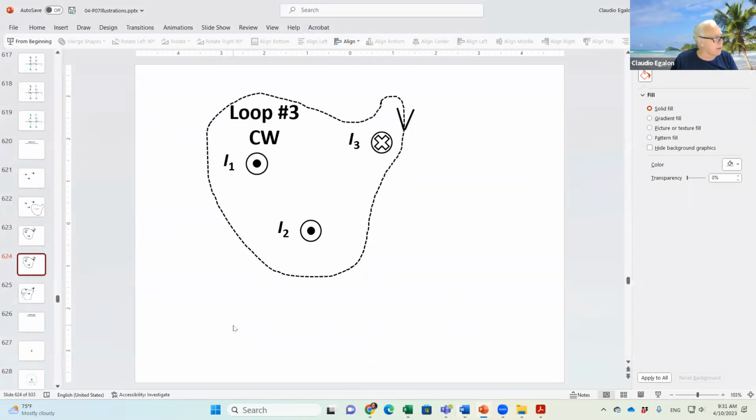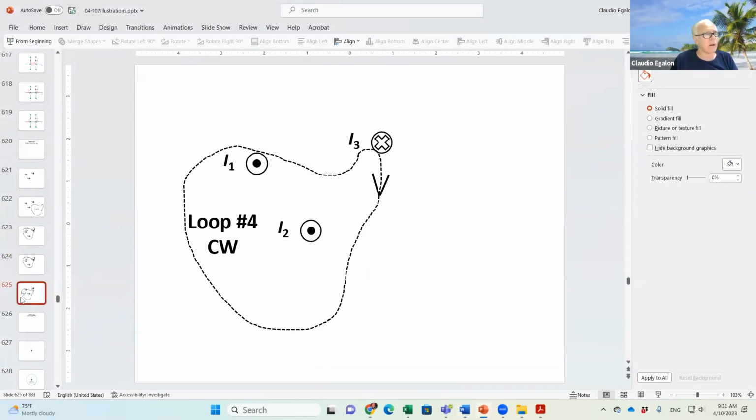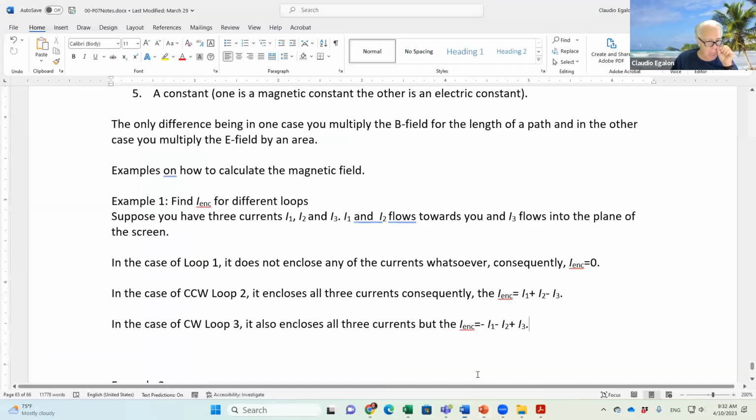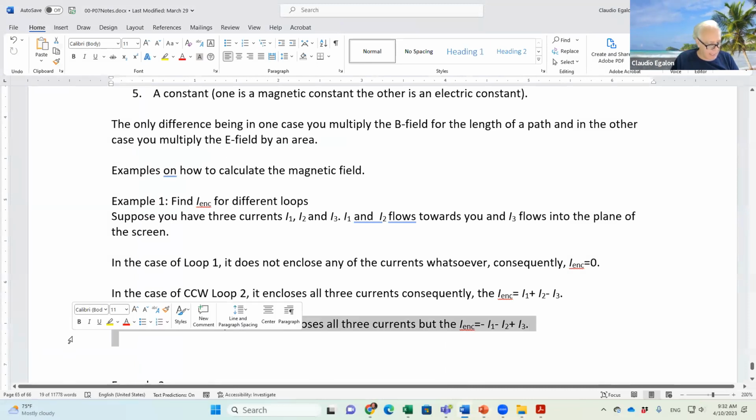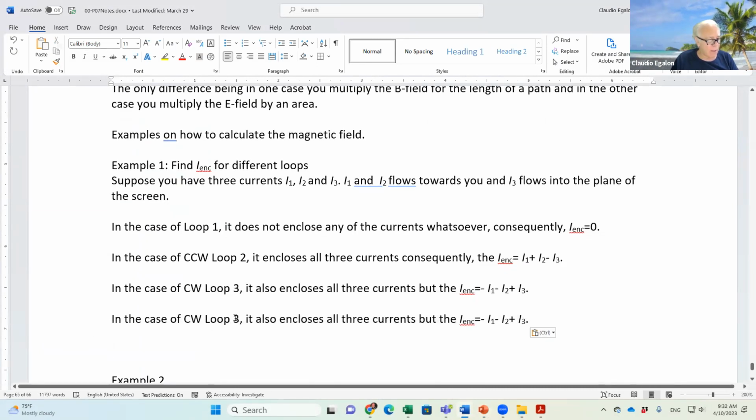We can go for another example. Let's see this one here. I come up with loop number 4. It's still clockwise. Loop number 4, clockwise, encloses only I1 and I2.